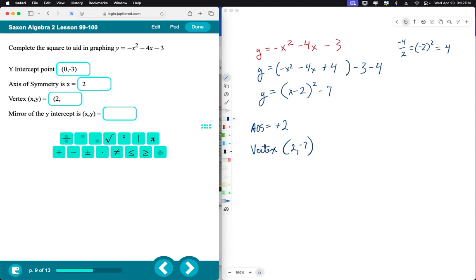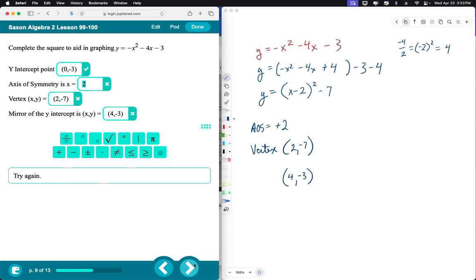And then the mirror of the y-intercept, if you don't graph it, remember what I said, you just double this number and take this as the y value. So that would be 4, negative 3. 4, negative 3. And we check that.